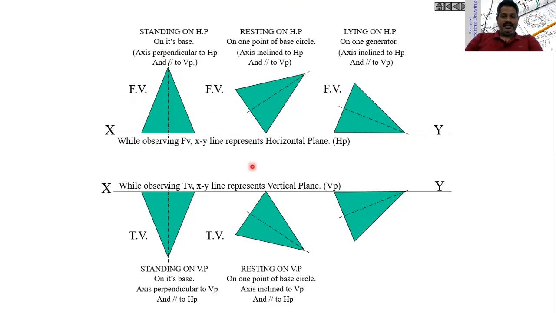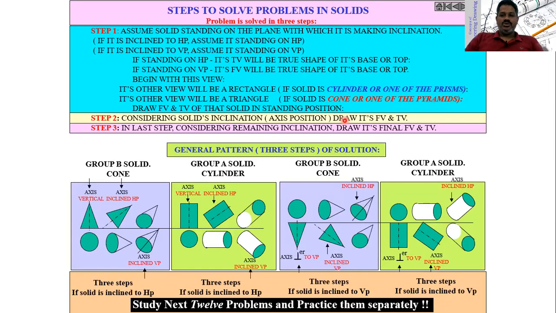And in the second case, I considered the base lying on VP and the axis inclined to VP and parallel to HP. But in this case, the axis is parallel to VP and inclined to HP, as you can see here. Right. Now let me move further to see how to solve the problems.